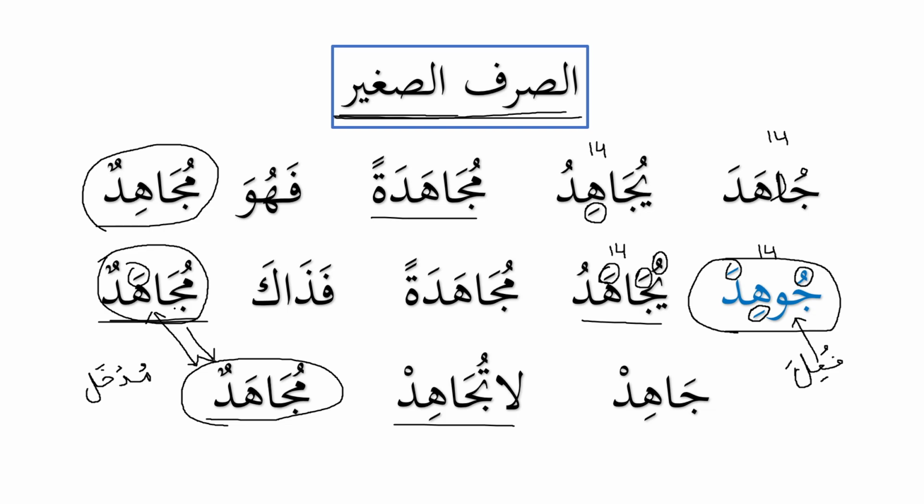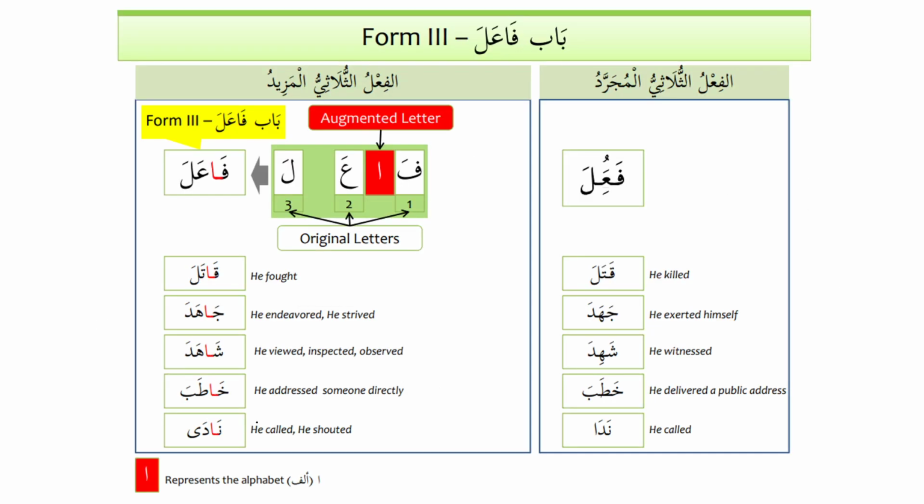But then in this case, we will not call it ismul maf'ul. What do we call it? We call it dharf. Most likely it can be dharf al-makan, adverb of place. Do you remember this information? It seems you forgot. Okay, so please remember this information.